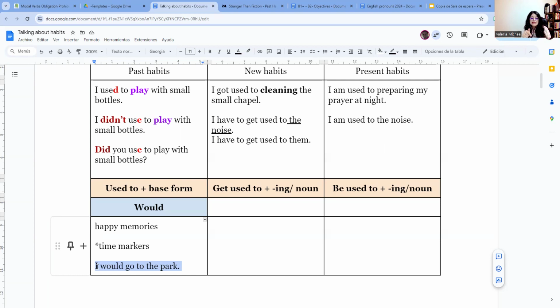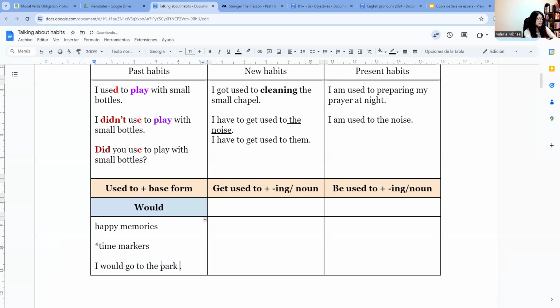Because if I translate that into Spanish, it's like iría al parque. Yeah, so it's confusing because I don't know if you're talking about the past or a future desire, right? So that's why it is very necessary to use time markers with would.